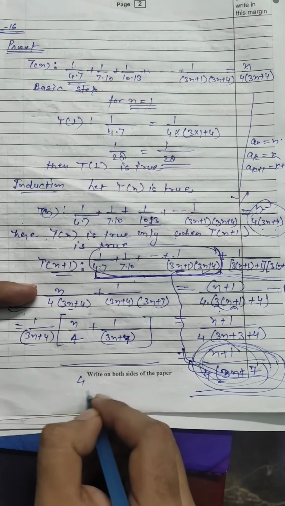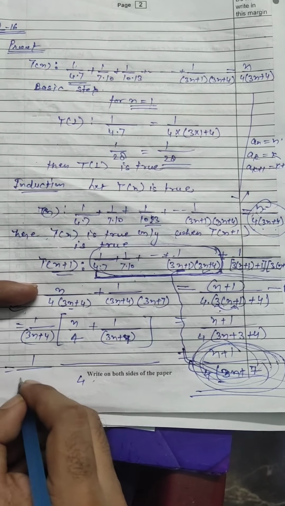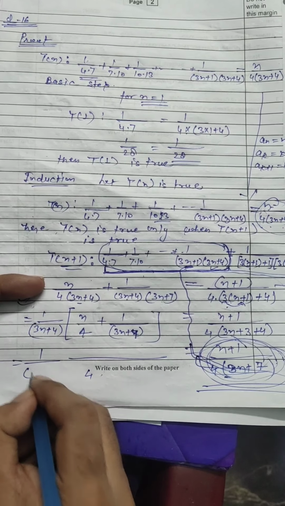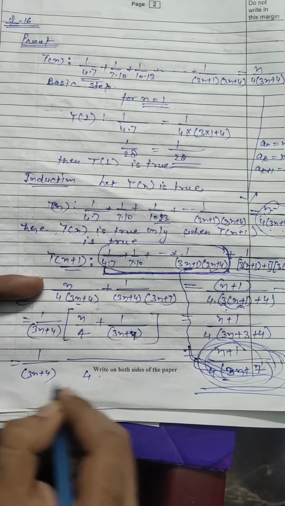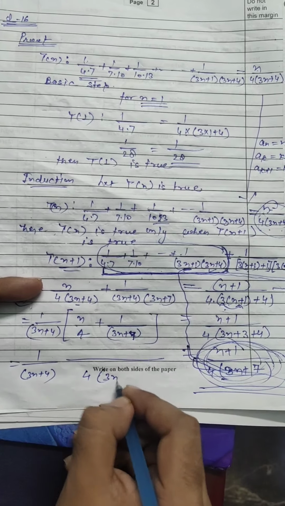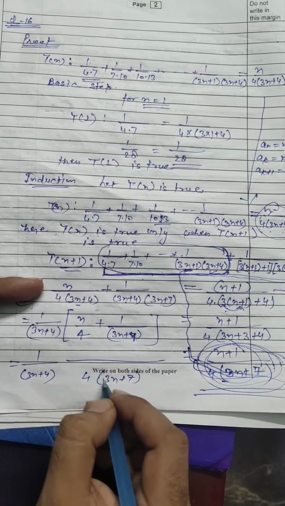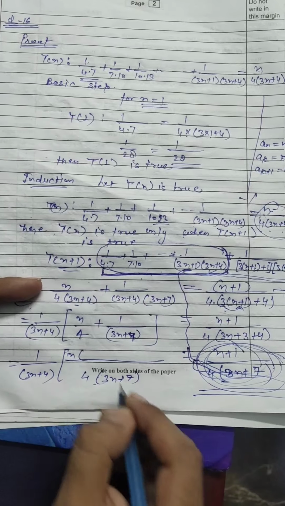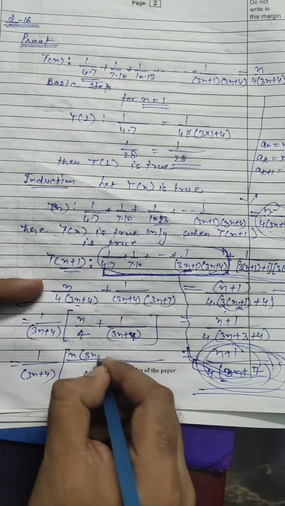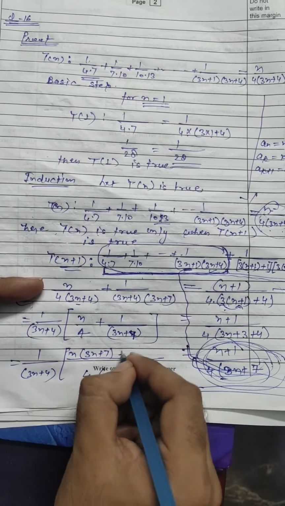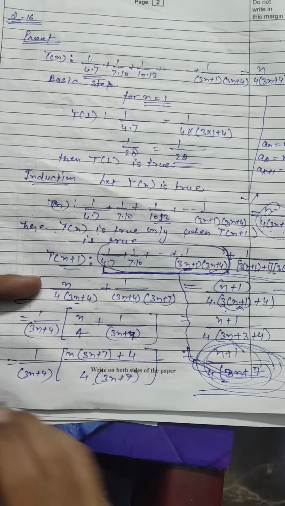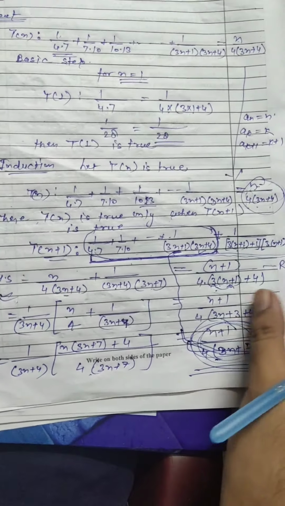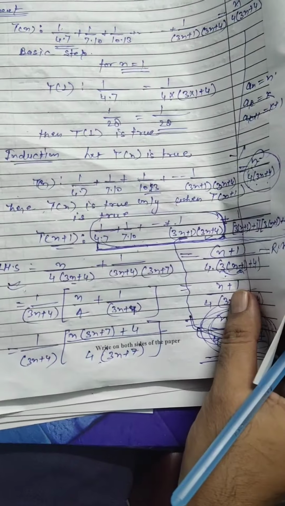Here the LCM is 4 into 3n plus 4 into 3n plus 7. So now students, what? 4 cancel out. We have 3n into 3n plus 7 and plus there is 4. Is it clear?